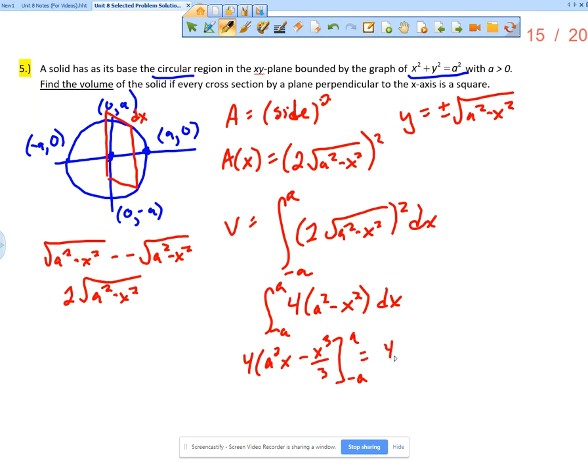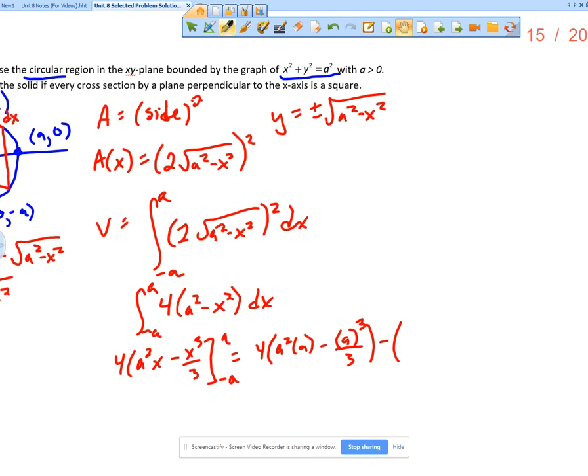So now we're just plugging in a and negative a. I have 4 times the quantity a squared times a, plugging in a for x, minus a cubed over 3. Then minus, now plugging in negative a, I have the 4 once again times a squared times negative a, minus negative a cubed over 3.